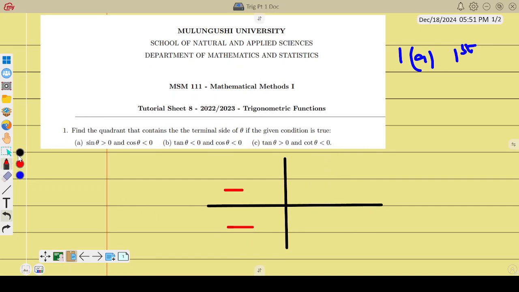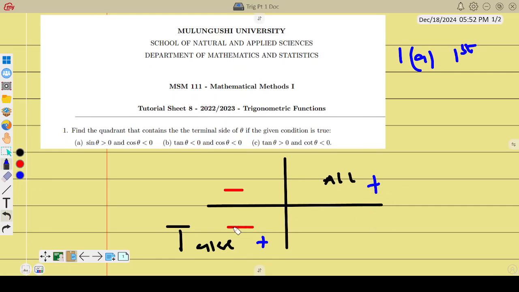And then we can remember our mnemonic. We said all students take chemistry. T is for tan. So tan is positive in the third quadrant and in the first quadrant.